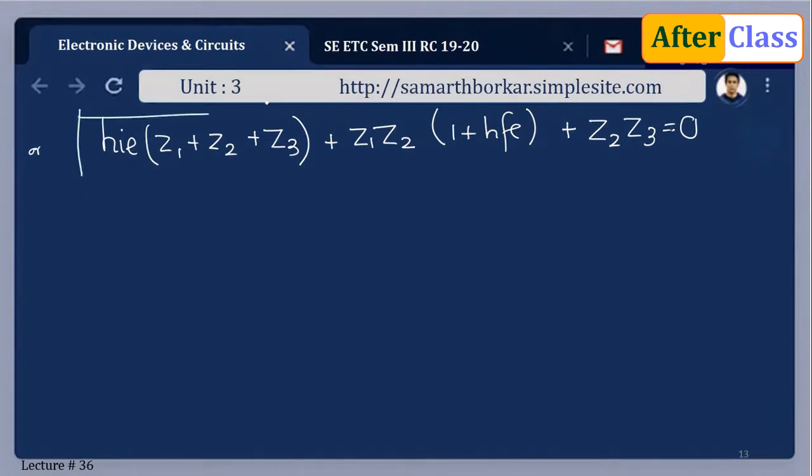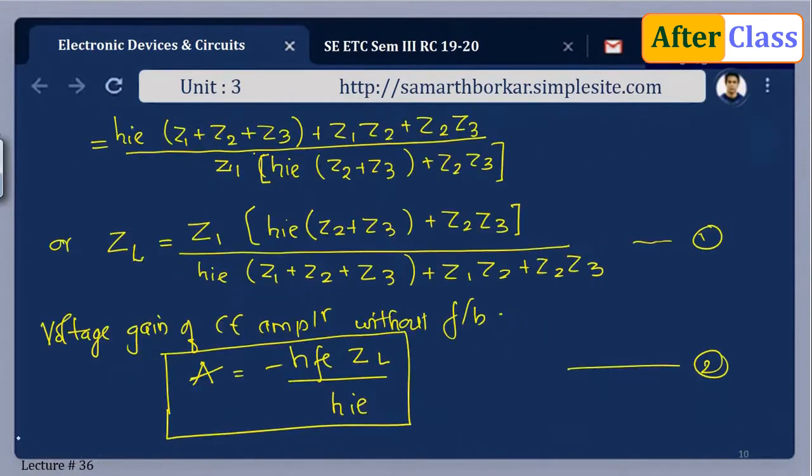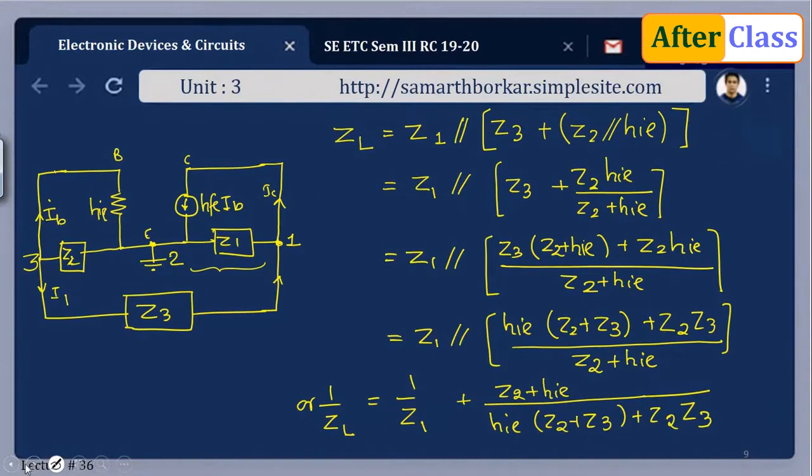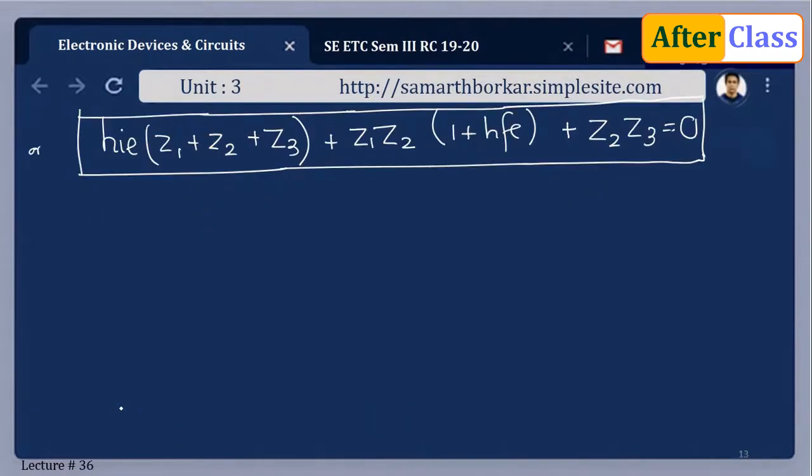Now this is the all important equation. Actually the derivation that we have done is not important from the syllabus point of view, because if a frequency of oscillation is asked, say for Colpitts oscillator, then we actually have to start with this particular generalized expression, and then substitute the values of Z1, Z2 and Z3 and find the frequency of oscillation.